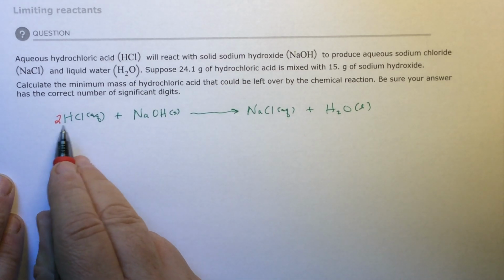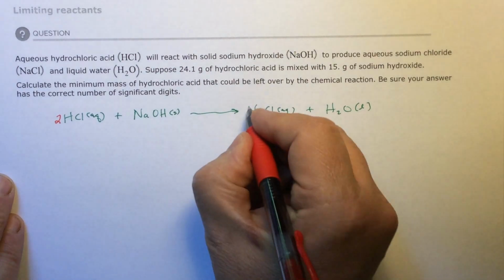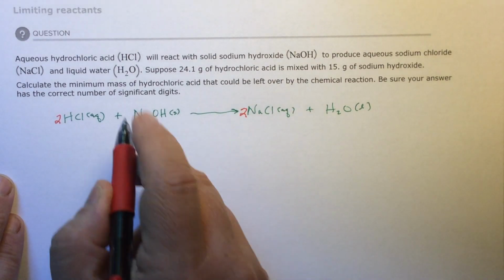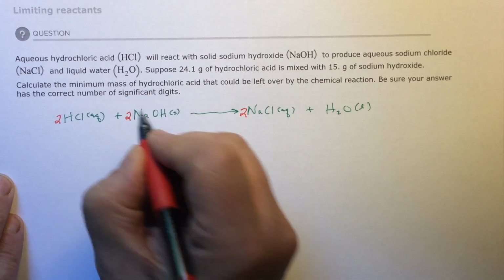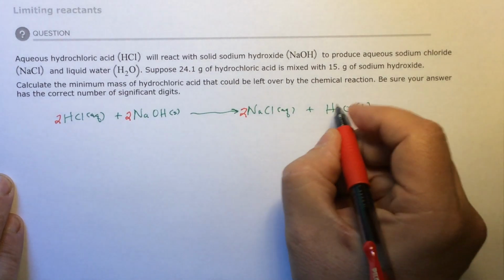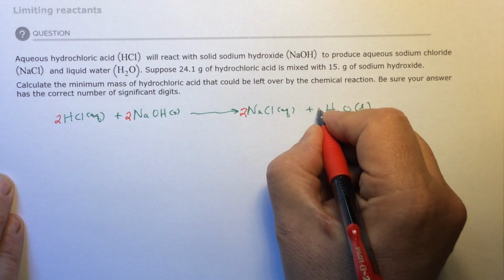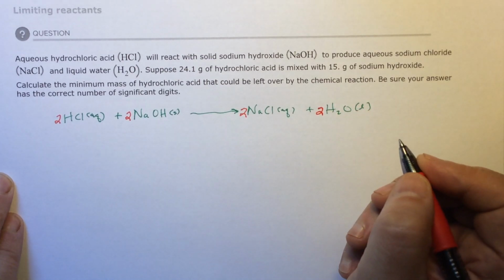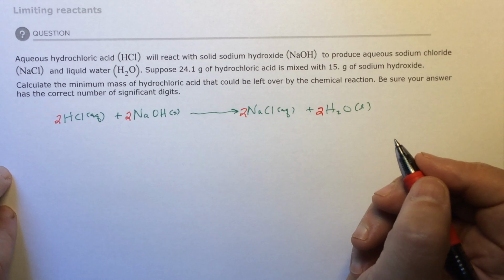That means I'm going to need 2 chlorines here, so I have to have 2 chlorines here, which means I'm going to have 2 sodiums, 2 sodiums. Alright, that gives me 2 waters.